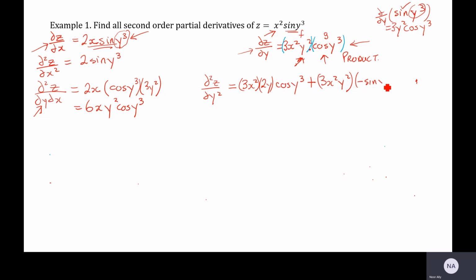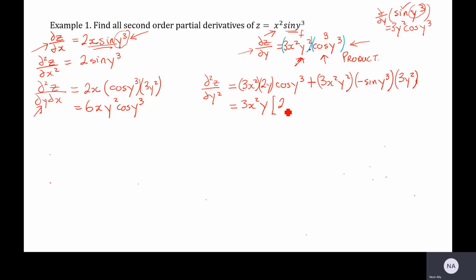Minus sine, and you do not change the argument. Do you stop there? No. Times the derivative of y cubed, which is 3y squared. And of course, can I simplify? Well, I would suggest just take out a common factor. A common factor here is 3x squared y.